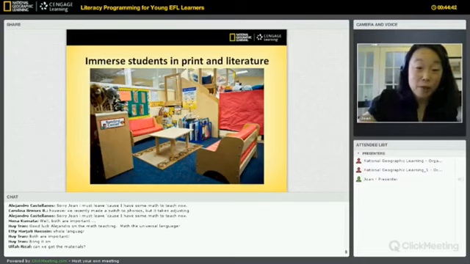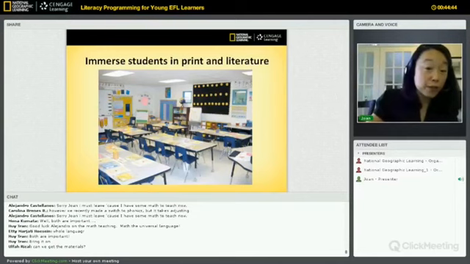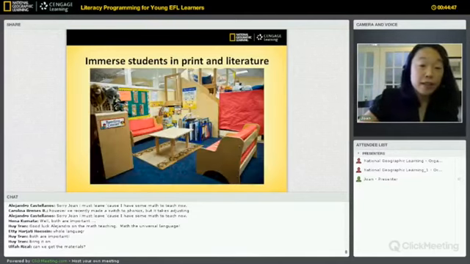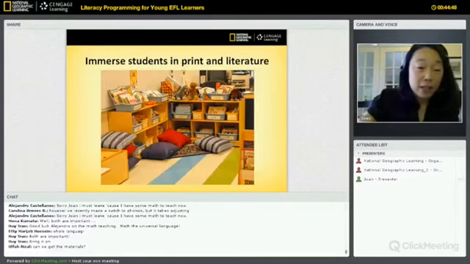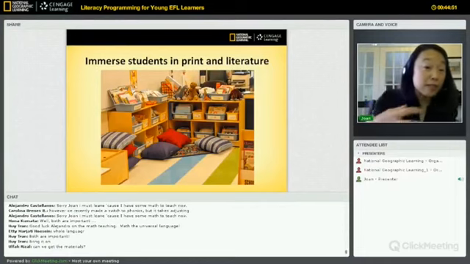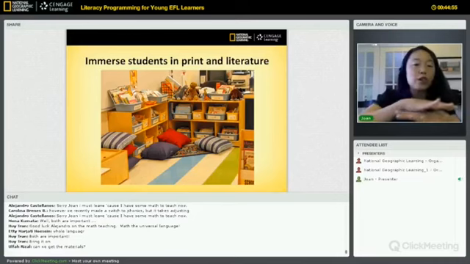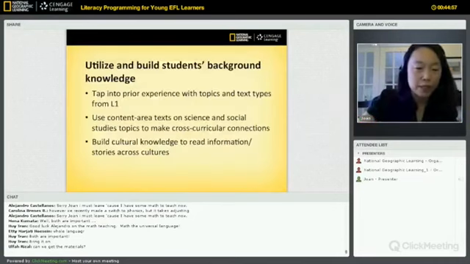If you're able to create print on the walls in your classroom, and reading centers where students can sit and choose books and read, that is very important. So you want to immerse students in print and literature.